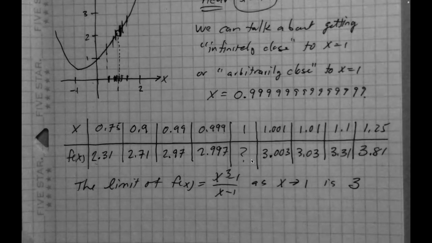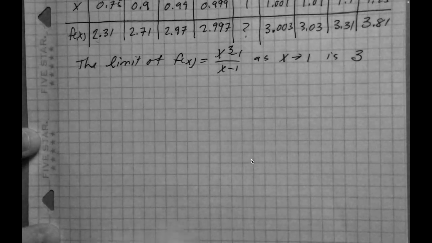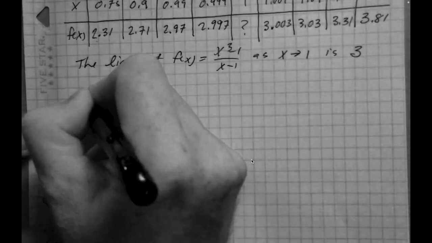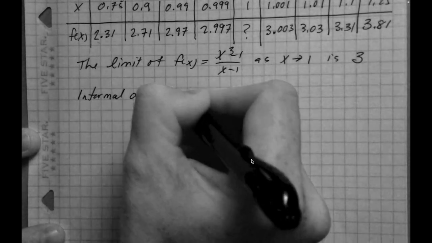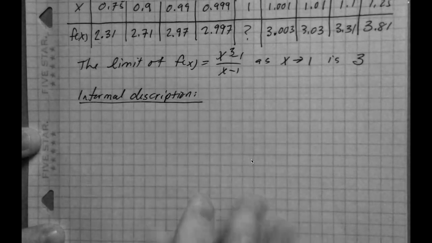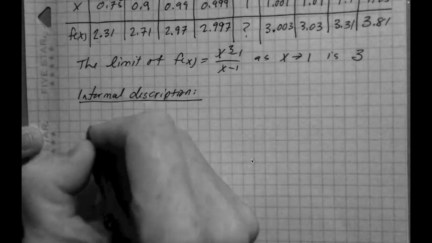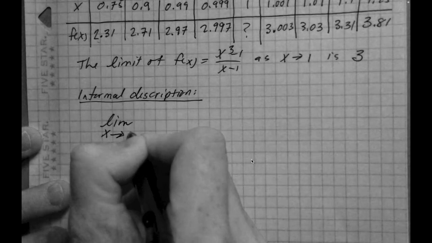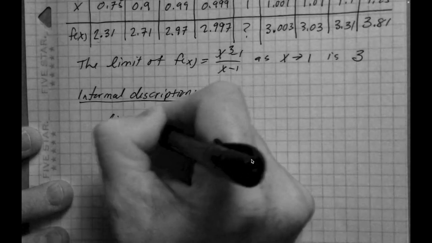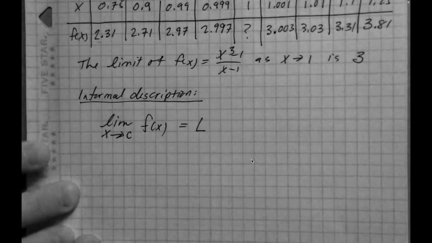And so here's a little more precise definition. This wouldn't be the most precise definition we'll see today, but this would be kind of an informal description. Let me start with the notation. The limit as x approaches c of a function f of x is equal to L. Okay, that's the notation.